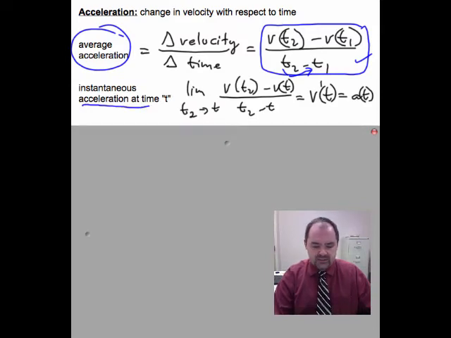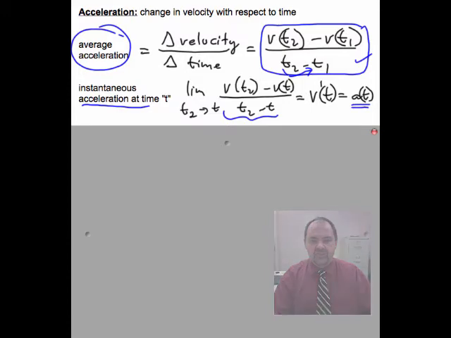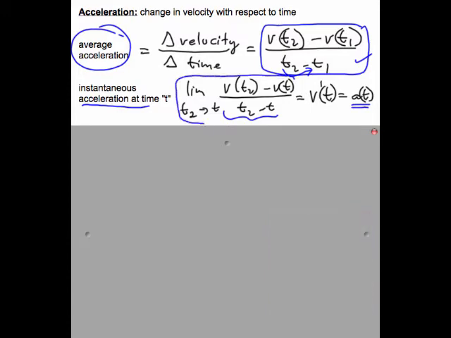So the limit of an average acceleration gives us an instantaneous acceleration. And since this expression is v prime of t, we see therefore that v prime of t is the instantaneous acceleration.